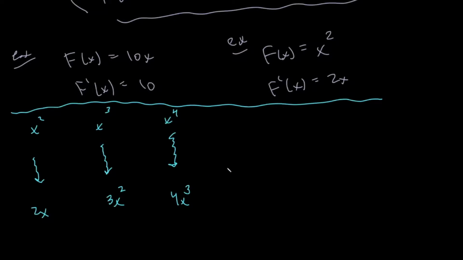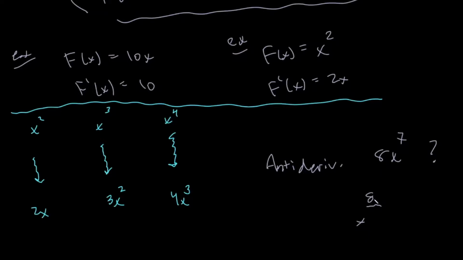So if we want to antiderive, we want to go backwards. For instance, what is the antiderivative of 8x to the 7th? Well, that means there existed something that had the exponent that came down, so that exponent must have been an 8.